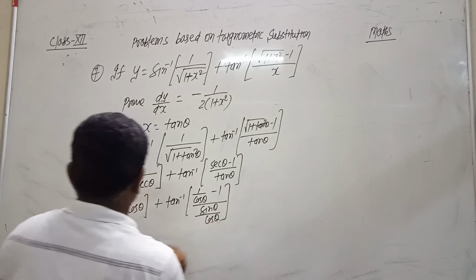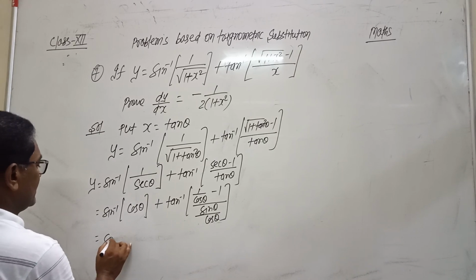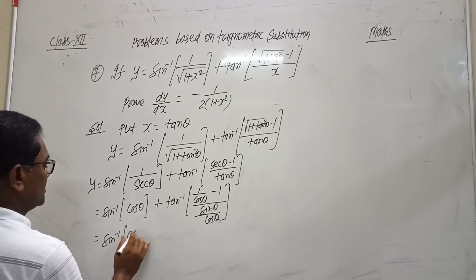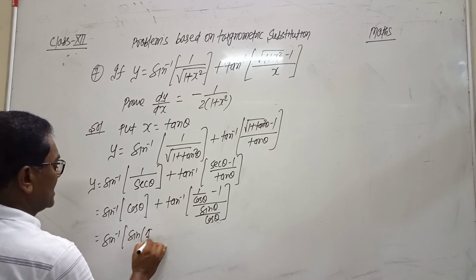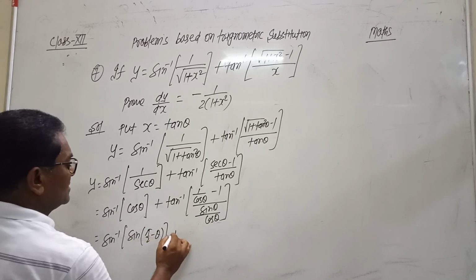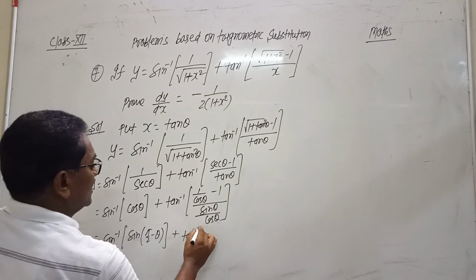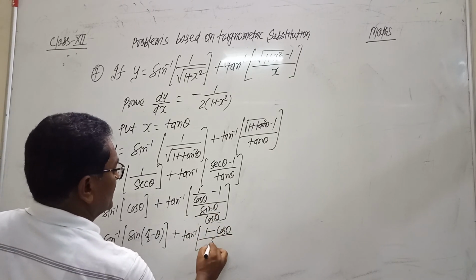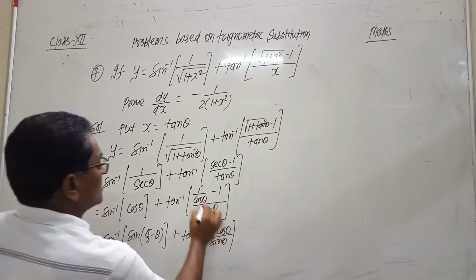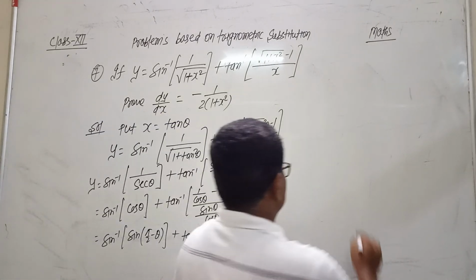So sine inverse of cos theta can be written as sine inverse of sine of (pi by 2 minus theta), and this is tan inverse. Taking LCM, we get (1 minus cos theta) by sin theta, and cos theta gets cancelled.